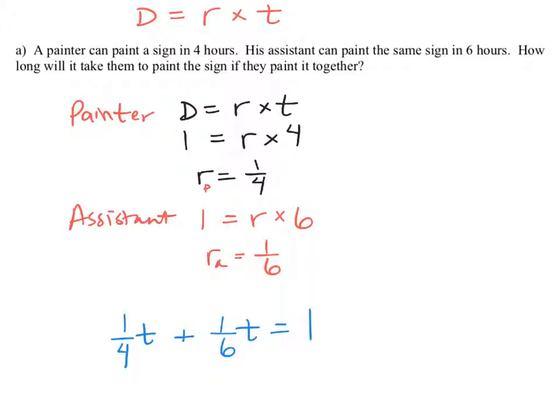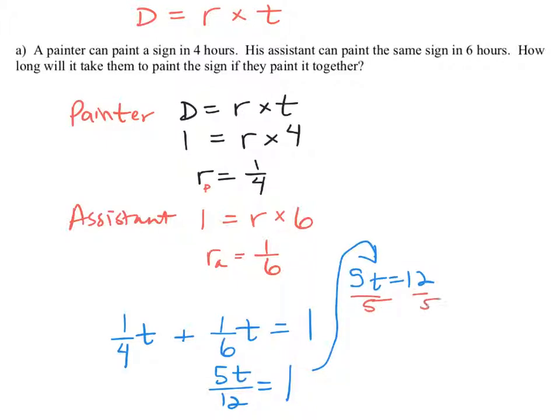By adding those together, we get 5t over 12 is equal to 1. 1/4 plus 1/6 is equal to 5/12. Now we can multiply by 12 to get 5t is equal to 12, and then by dividing by 5, we get t is equal to 12 over 5, which is 2.4 hours.